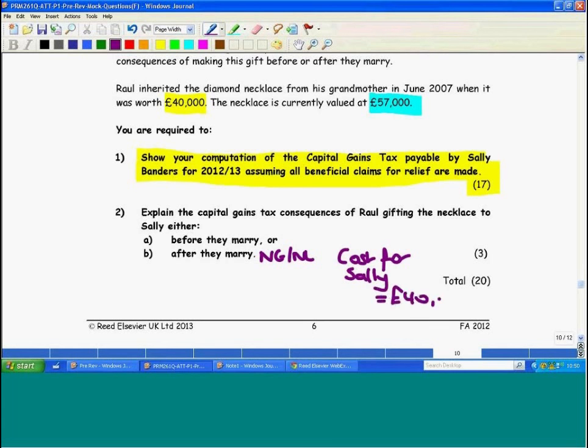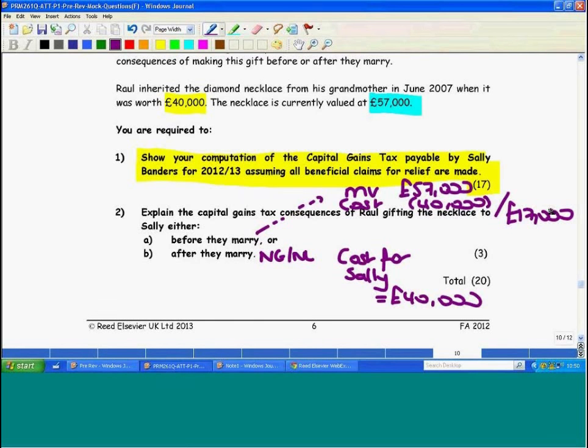Now that's if they're married. Now if the gift goes through before they're married, we've just got a normal disposal. So we'd have a normal disposal, which would be our market value being the proceeds, so 57. Then we'd have that cost of 40. So we would actually end up with a gain of 17.